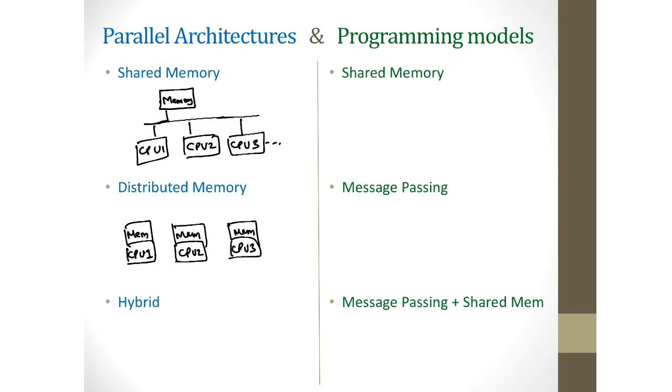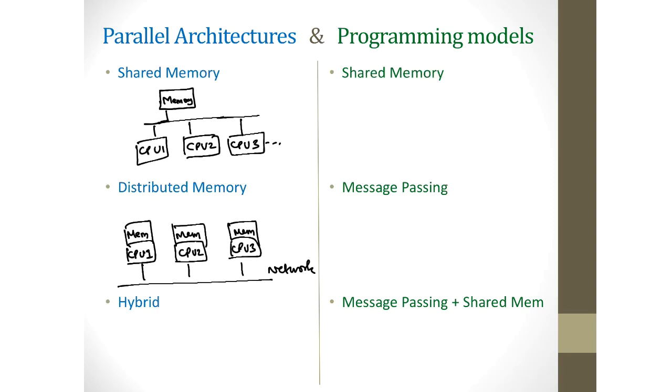So these processors need to talk to each other. How do they talk to each other? Typically there is a network. There are lots of different types of networks. Again, we'll get into that later. But for now, it's just important to understand that there is a network that connects all the processors, and each one of them has its own memory.